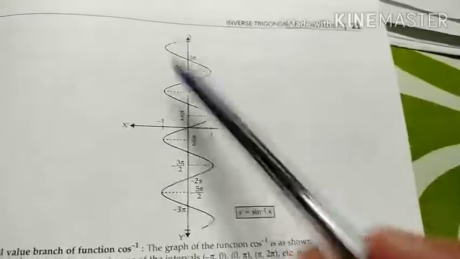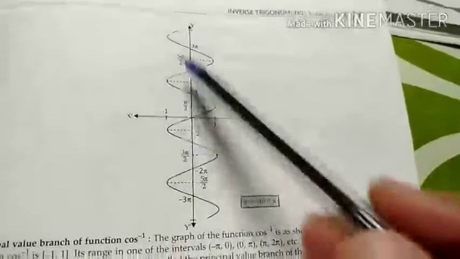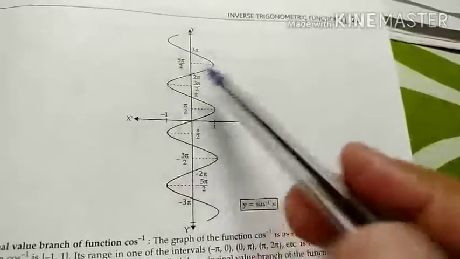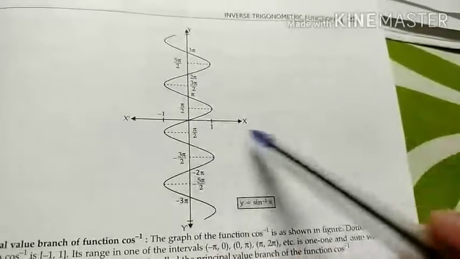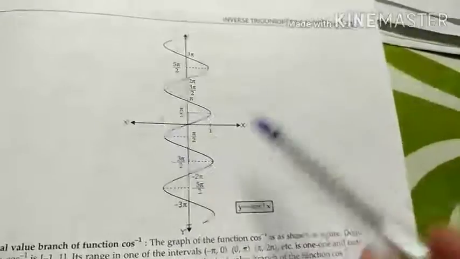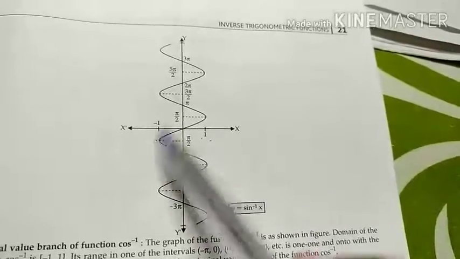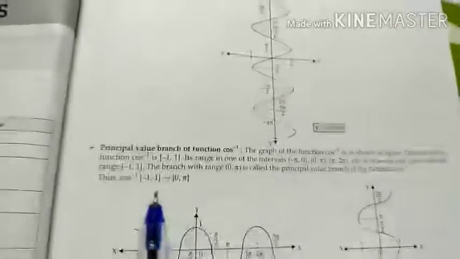In sine x we go along this curve horizontally, but in sine inverse the condition will be opposite. The y axis becomes angles and the x axis becomes 1 to minus 1, because the independent value should be between 1 and minus 1 and the dependent value should be in angle form.